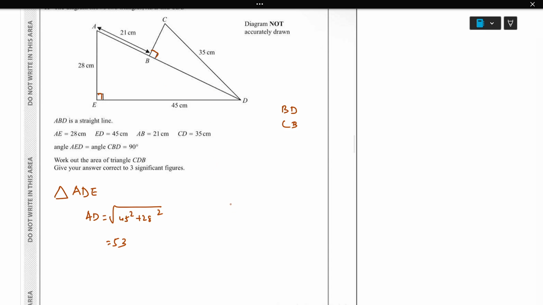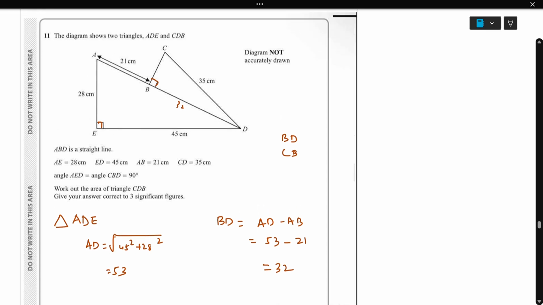So BD equals AD minus AB. AD is 53, 53 minus 21 equals 32. So we got this length, BD is 32. Now we need to find the height. Again I'm going to Pythagoras, which is BC.